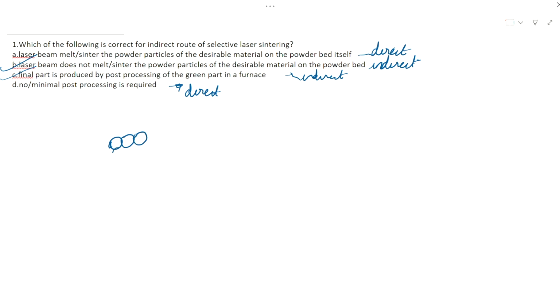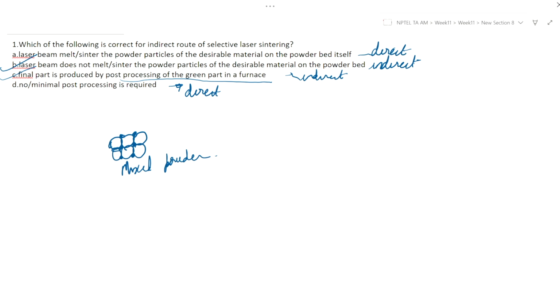We have these powder particles and consider this is your polymer. Now this will be processed from green part to brown part. This is the mixed powder particles which is followed in the indirect route.